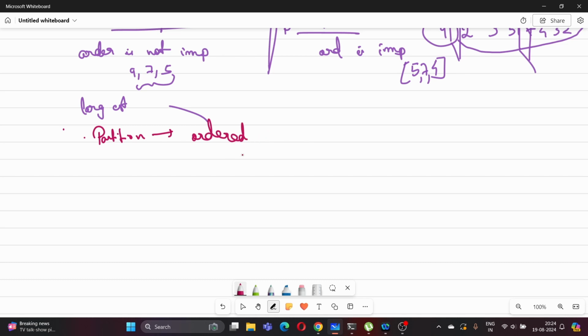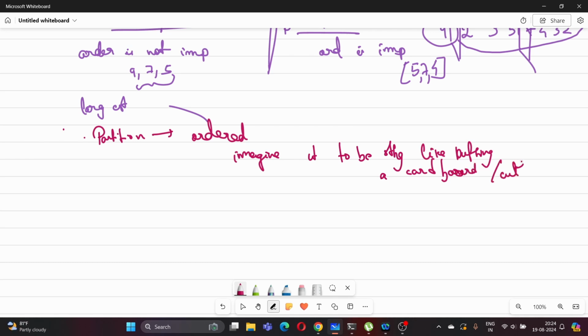And imagine it to be something like putting a cardboard. The question that we will be solving may be cutting; I'll explain that in that question as well. But this is how the partition thing works.